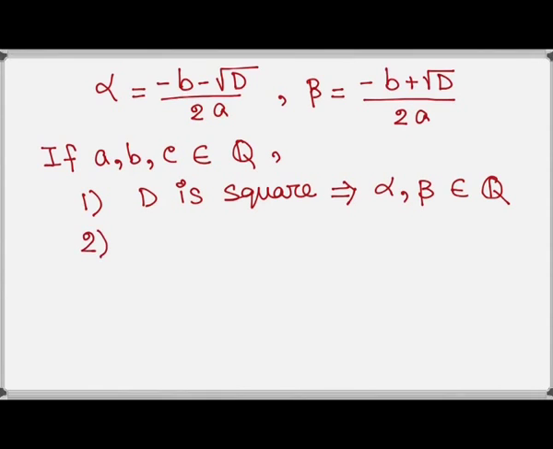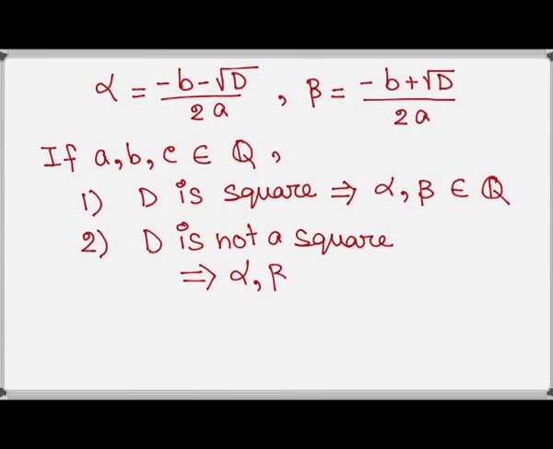And secondly, if d is not a square, then alpha beta are conjugate surds.